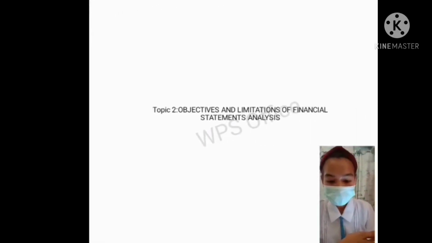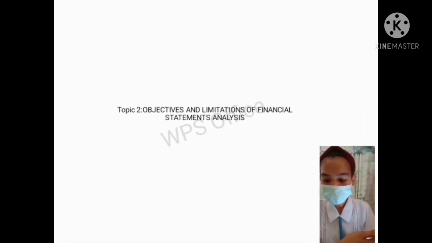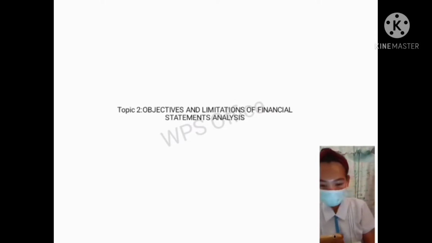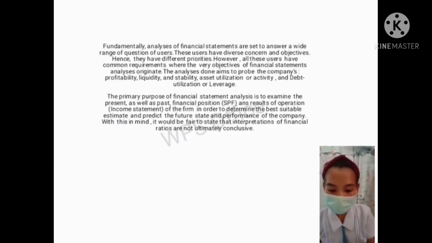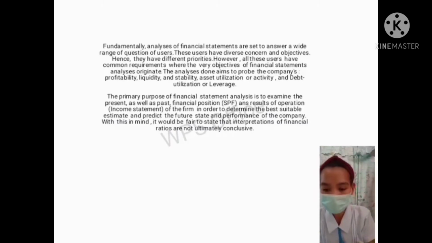Topic 2. Objectives and limitations of financial statements analysis. Fundamentally, analysis of financial statements is set to answer a wide range of questions of users. These users have diverse concerns and objectives, hence, they have different priorities.